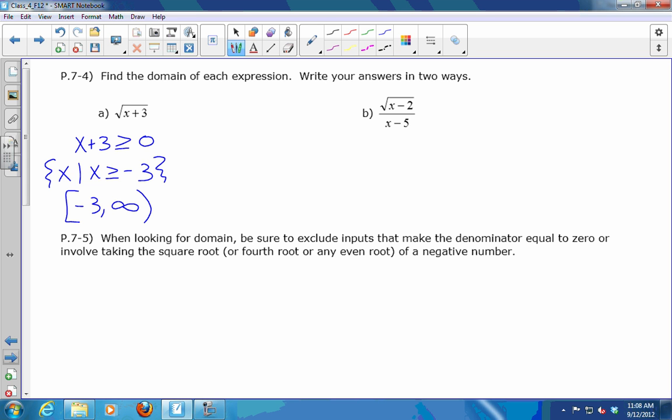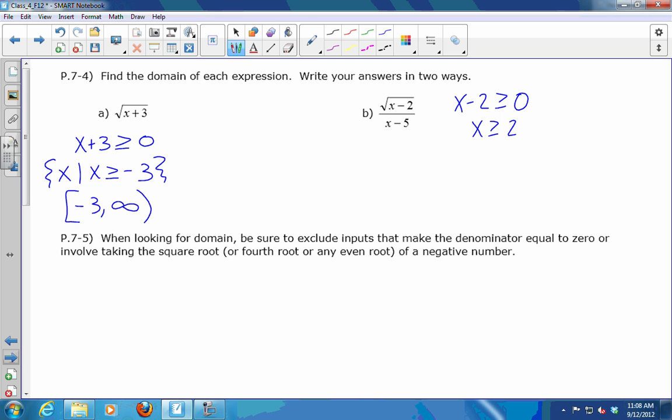So in B here, I have two restrictions. I have a restriction in the numerator because I have a square root, and a restriction in the denominator, which can't be 0, right? So we have to keep straight what the restrictions are. In my numerator, I know x minus 2 has to be bigger than or equal to 0, because I can take the square root of anything 0 or larger, which means x has to be bigger than or equal to 2.